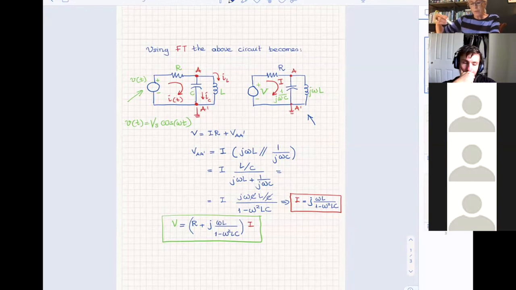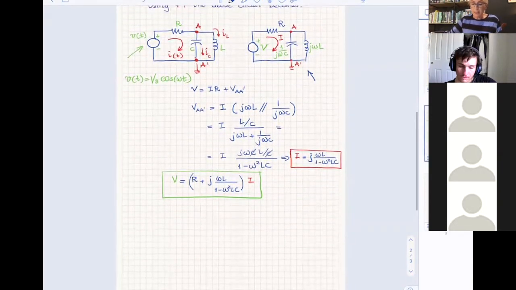And the 1 over j omega C has a 1 over j, but we treated it as a resistor too. And so if you take all of the familiar formulas we have, you find an expression for V, all right? And this V sub S is exactly the V you see here.